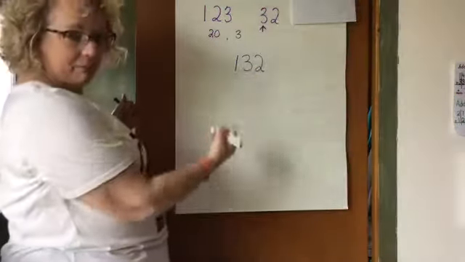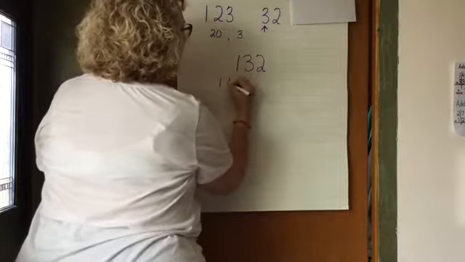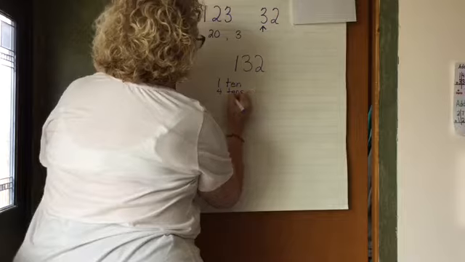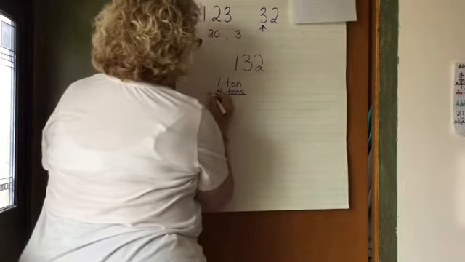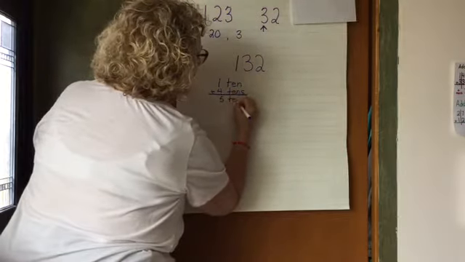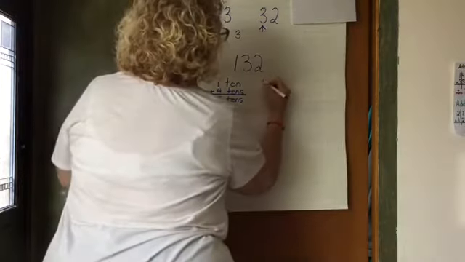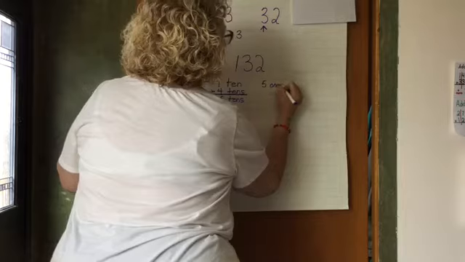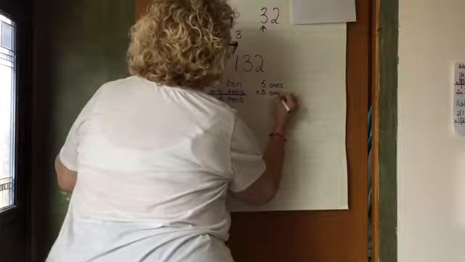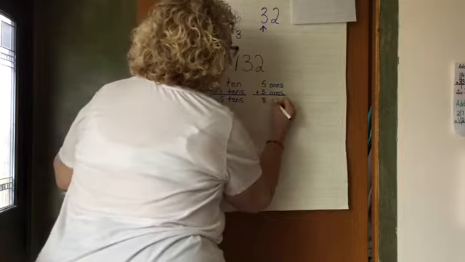If I stack my numbers like we did in our naming activity, remember I said to stack them like this, 1 ten and 4 tens equals 5 tens. And then I also had you stacking your 1s. 5 ones plus 3 ones equals 5 plus 3, 8 ones.